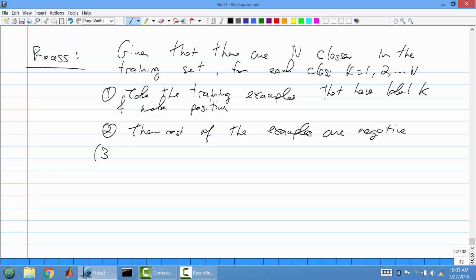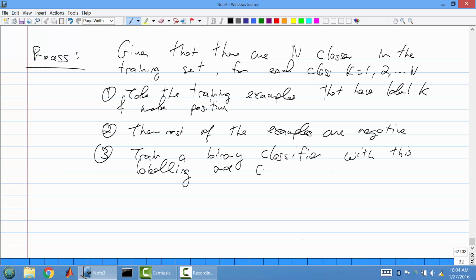And then you're going to train a binary classifier. So you're going to find the parameters where you assume that the training examples are positive for that label k and negative for everything else. So train a binary classifier with this labeling, and create a prediction model for class k.